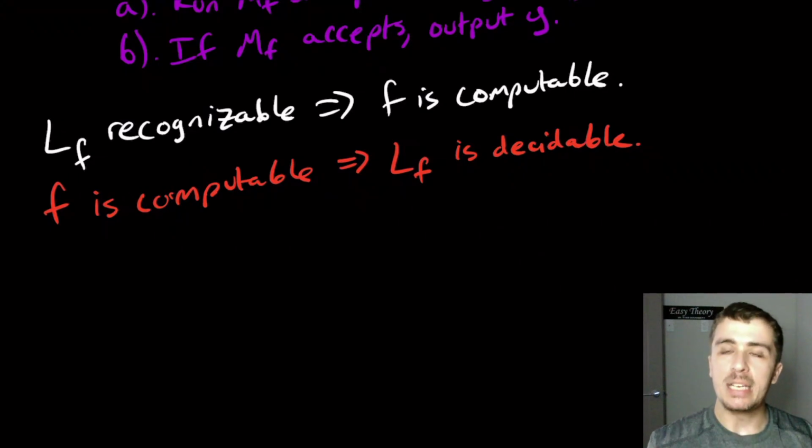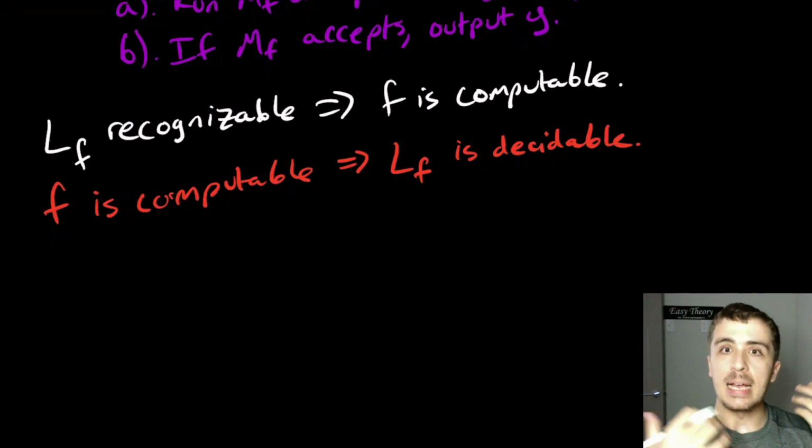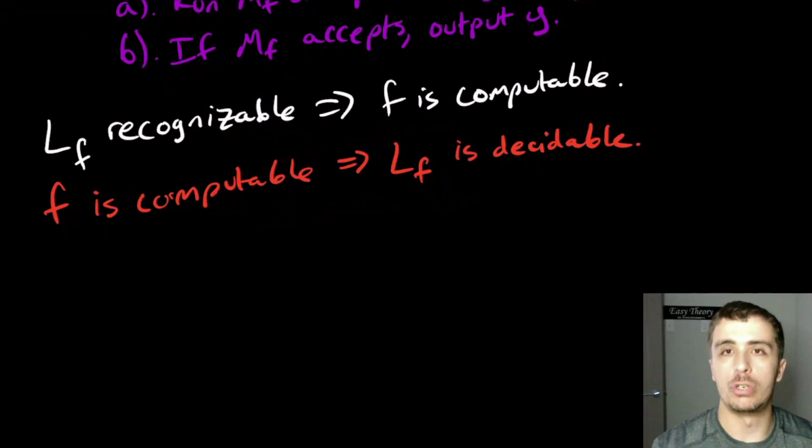And what we did was we exploited the various properties of the function being total and the L sub f having a finite alphabet, A and B, and we looked at the properties of decidable and recognizable languages and computable functions, and we were able to show that this is true.